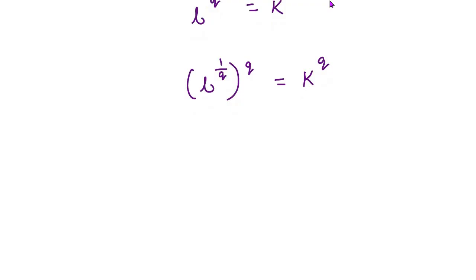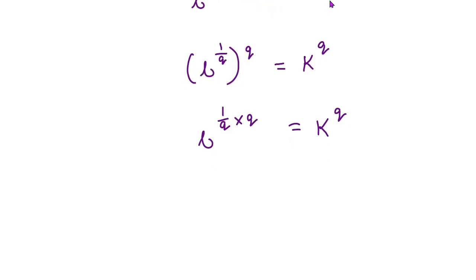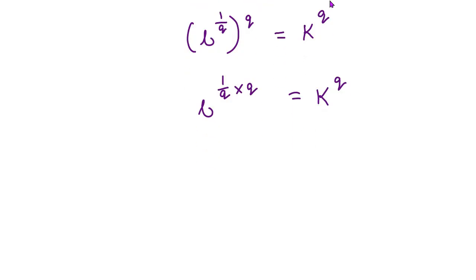From here we can write b to the power 1 by q times q equals k to the power q. Here this q cancels and b remains, so we can write b equals k to the power q. We can give this one equation number 2.